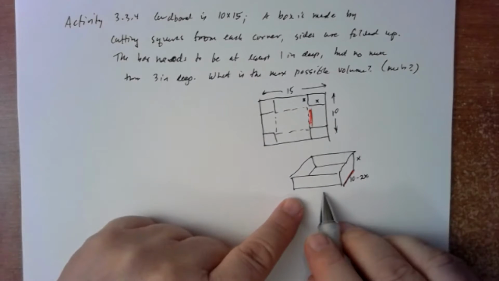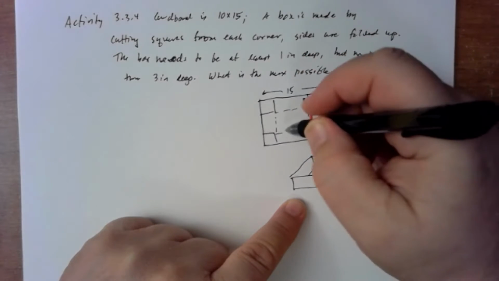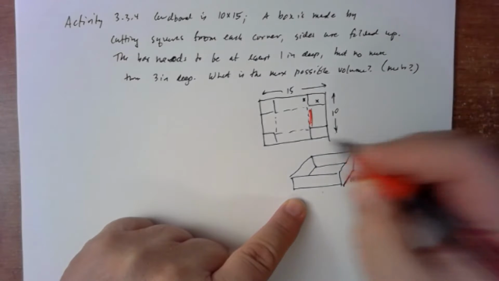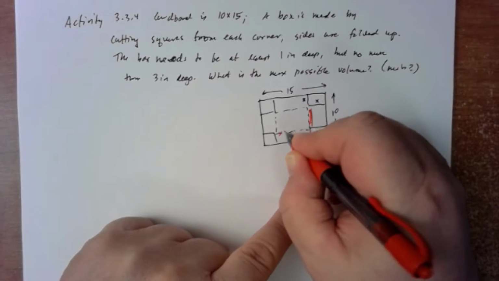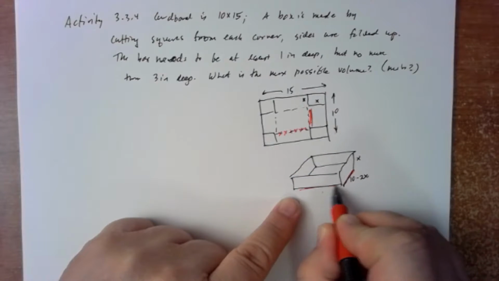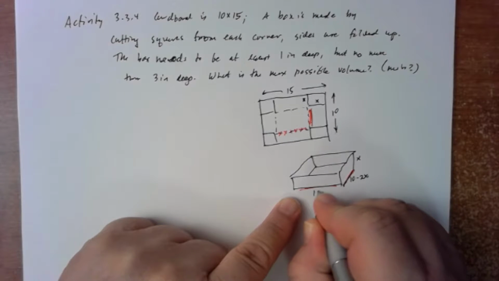And then this length right here, I'll just use red again, is this side, and that's going to be 15 minus 2x.